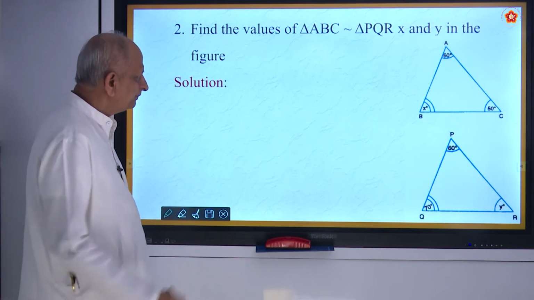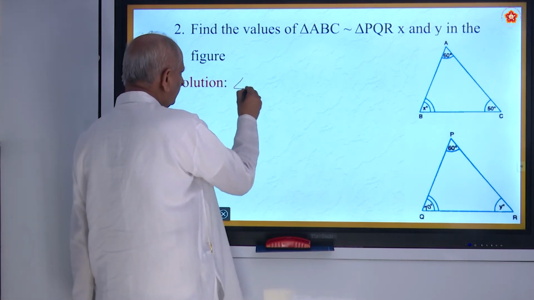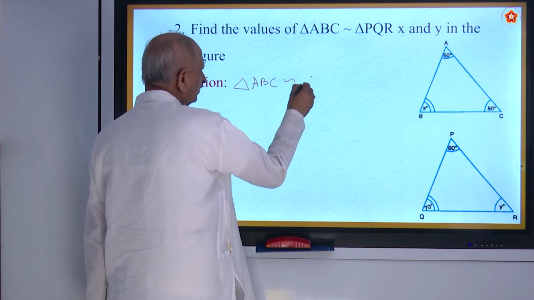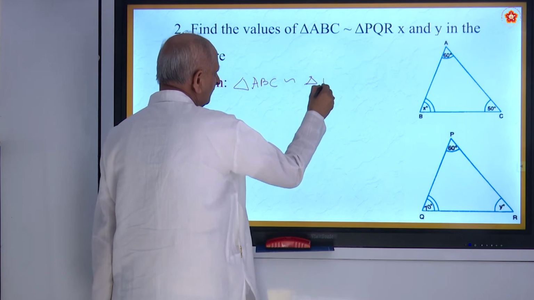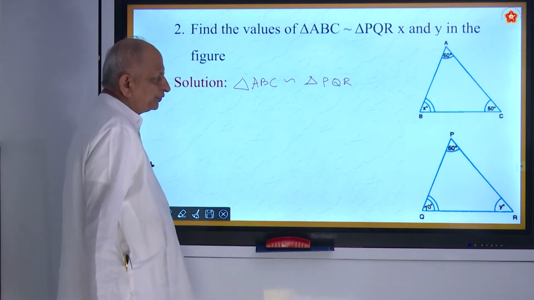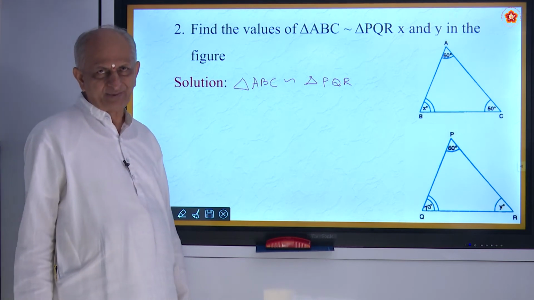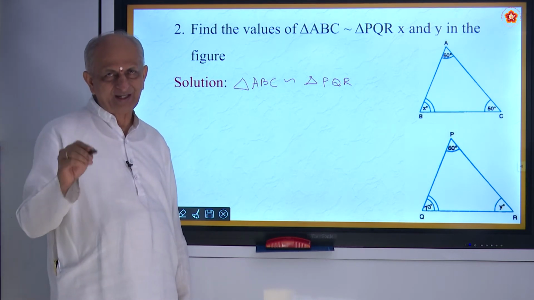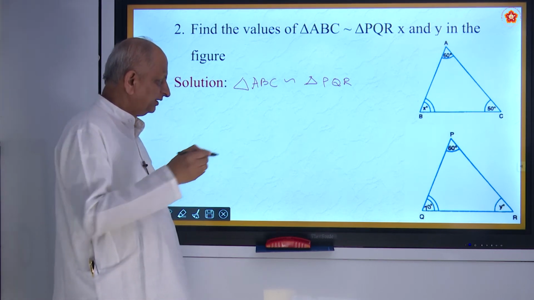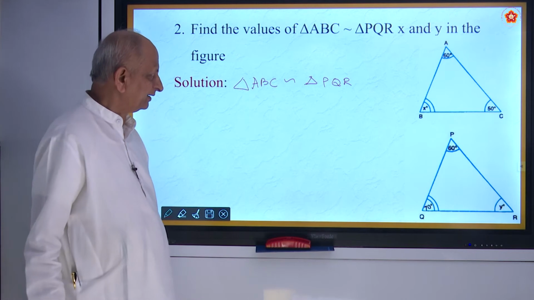Here you must note, you are given that triangle ABC is similar to triangle PQR. So there are two properties for similarity here, angle-angle-angle, and sides are proportional. Anyway you can take either. Here let us see only angle-angle-angle.